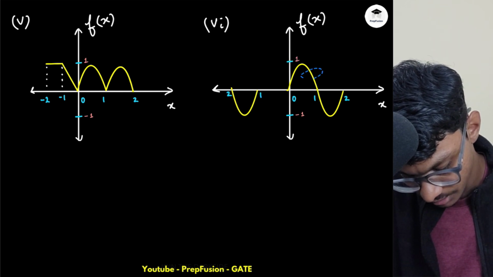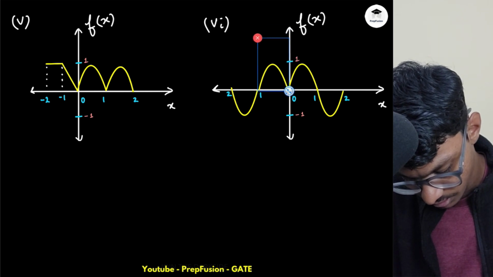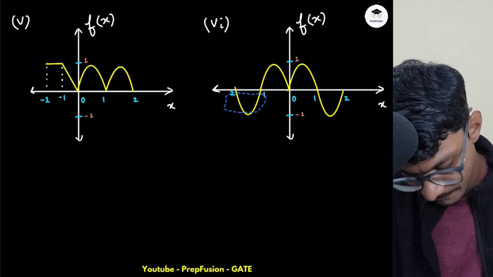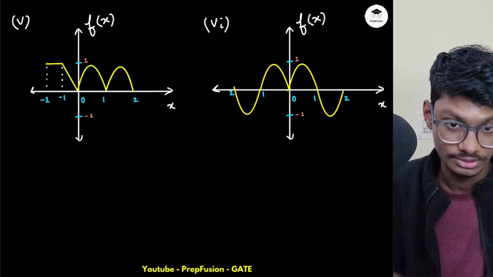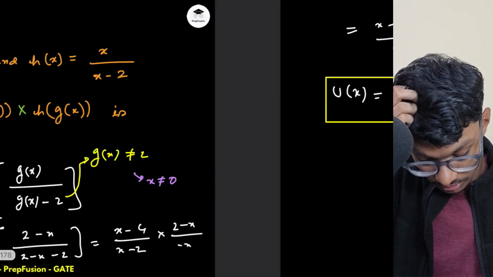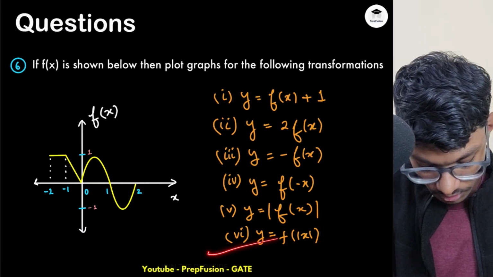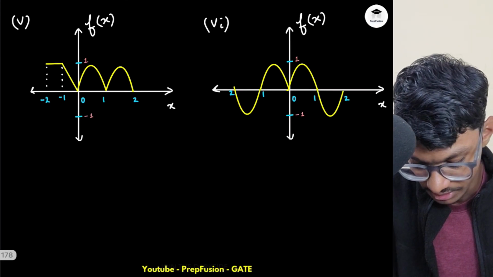If I just copy this thing, somewhere around here. Okay, so I hope we got the point. So this mod of f of x will always be an even function. Okay, so yeah, we did all the transformations basically.